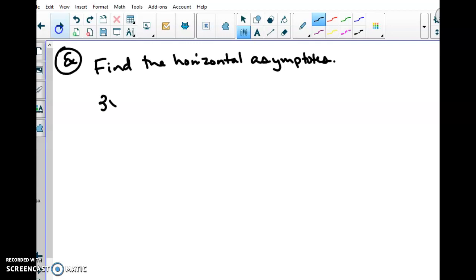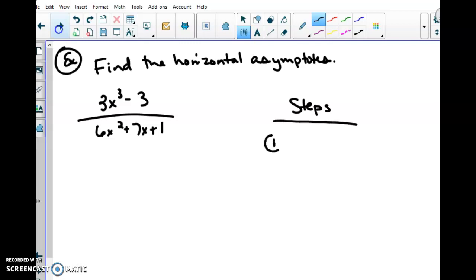So let's say that we have 3x cubed minus 3 over 6x squared plus 7x plus 1. What you're going to do is you are going to take the highest degree term on the numerator and denominator.